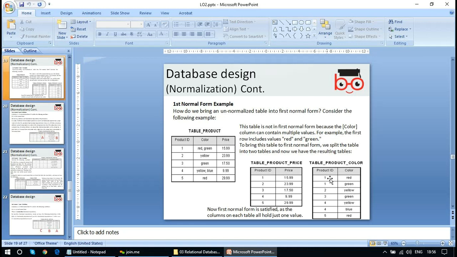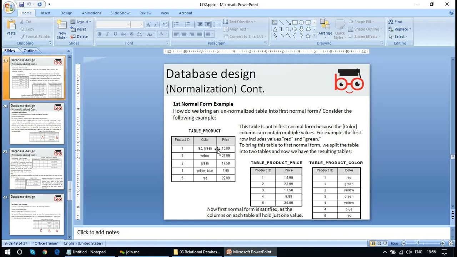So this could be a variety. Probably the product ID could have, let's say, 100 colors. But what they are trying to say is that a color field could only be atomic.